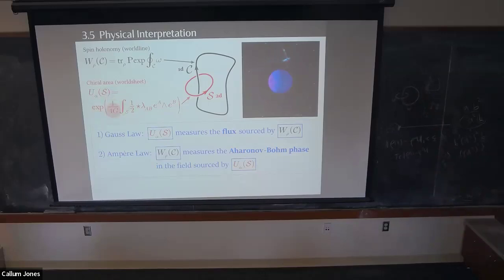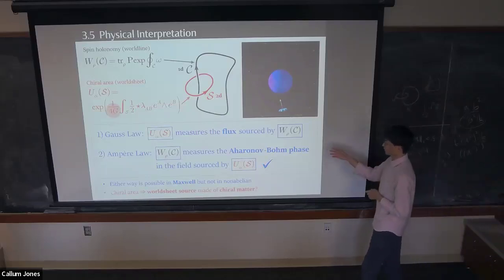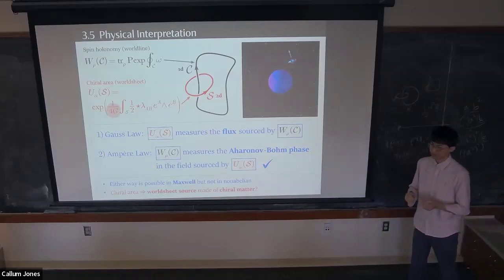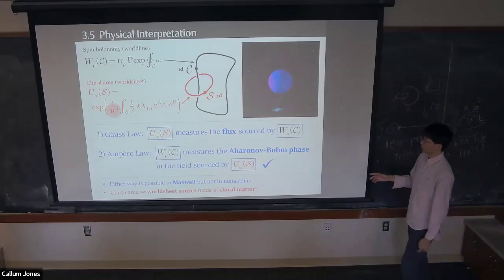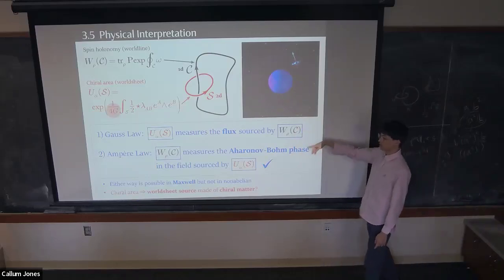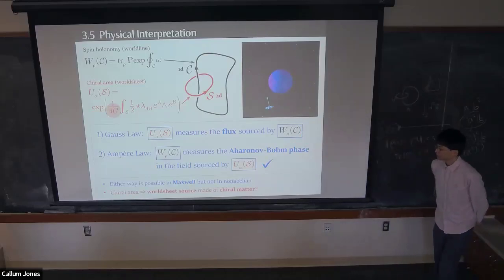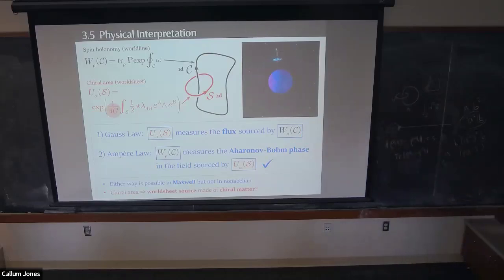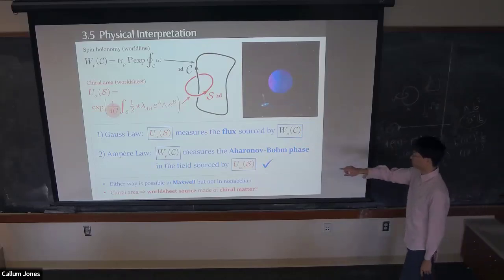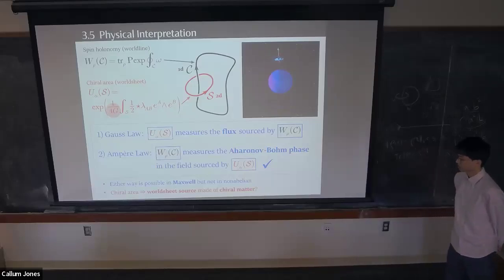But crucially, because of this inverse coupling there, it turns out that the correct interpretation is only option 2 for non-abelian cases. In Maxwell theory, at trivial level, we could have had both interpretations, but as far as we concluded, the interpretation that we should take is option 2.